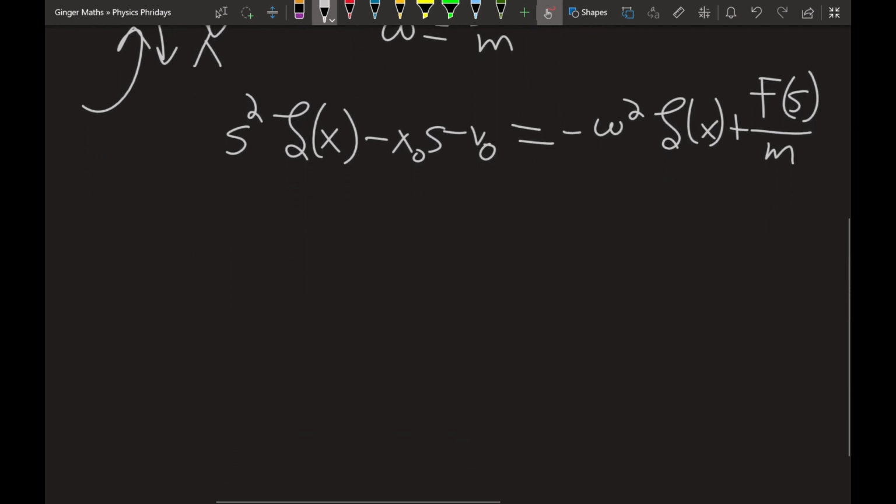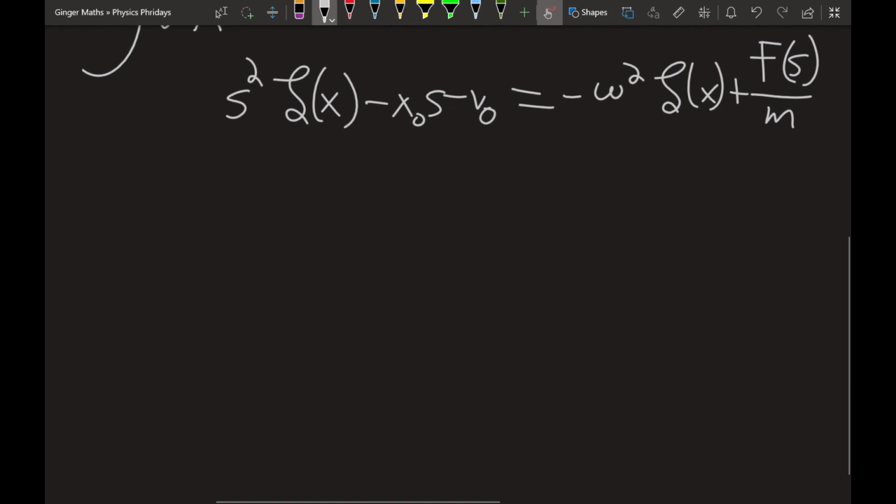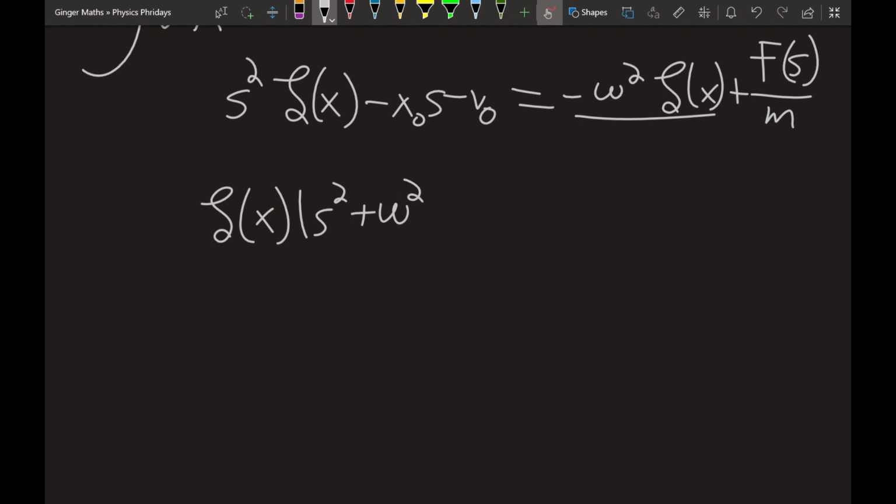And in order to apply the inverse Laplace transform, or the Laplace inversion theorem, or Mellin's inverse formula, what we're going to do is get the Laplace transform of x on its own. So I'm going to add this to both sides to get L of x times s squared plus omega squared is equal to our initial position times s plus our initial velocity plus F of s over our mass.